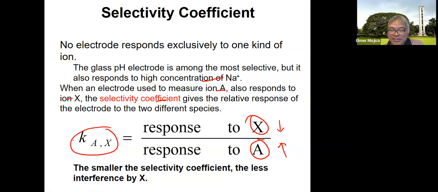So the overall thing that you have will be a lower K, because the lower or the smaller the selectivity coefficient, the less interference by X. And usually the selectivity coefficient would range from 0 to values greater than unity.